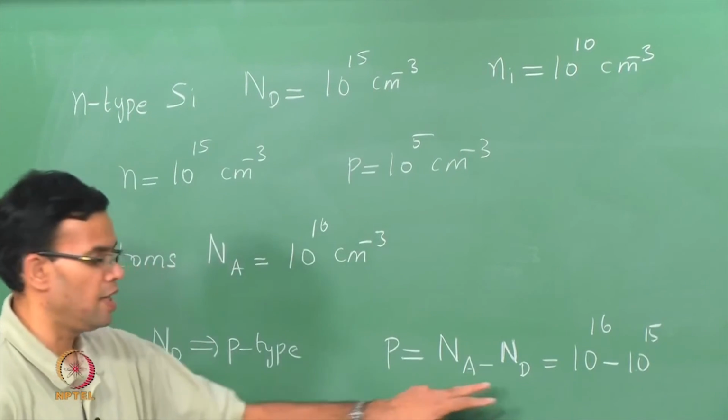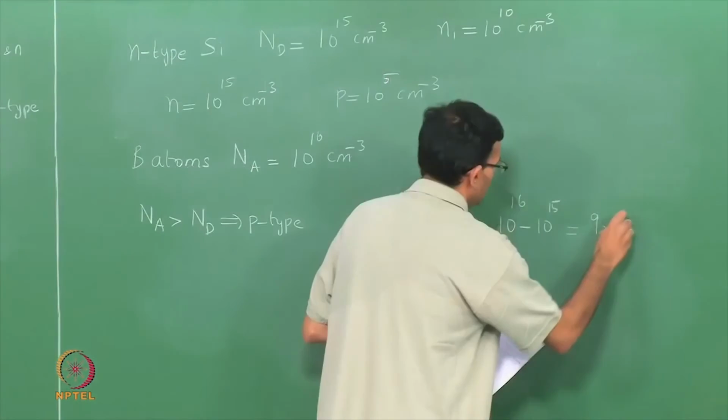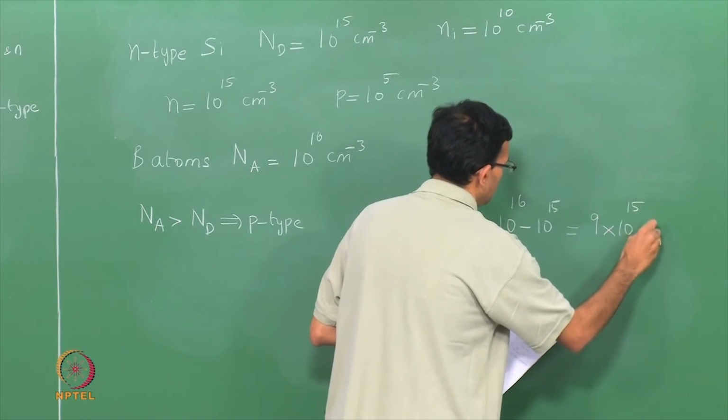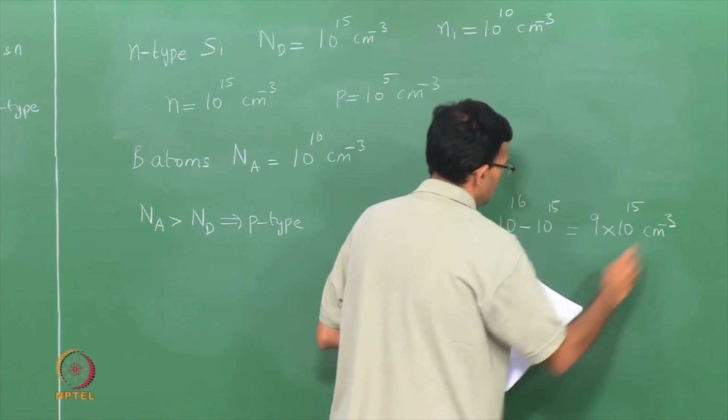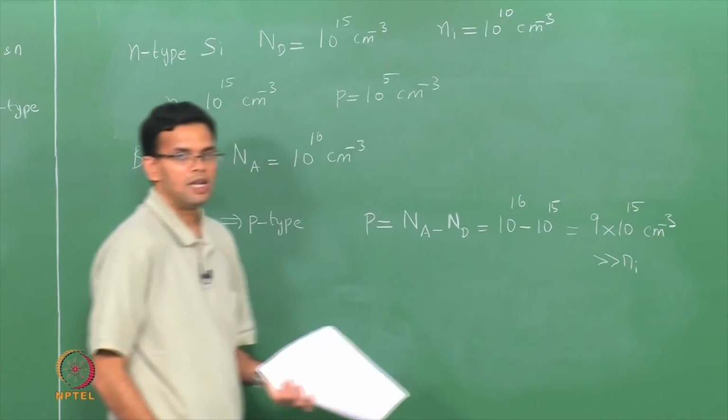So, Na minus Nd is 9 times 10 to the 15 per centimeter cube, and this is still greater than Ni, since Ni is only 10 to the 10.